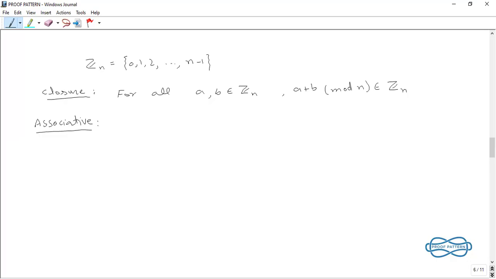The associative law is inherited from the associativity of integers.